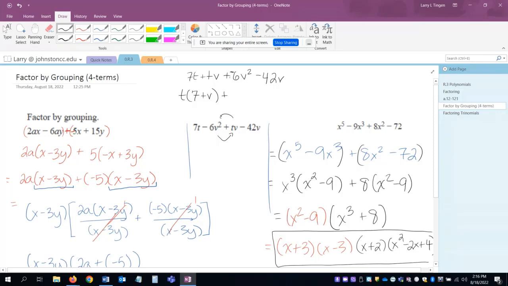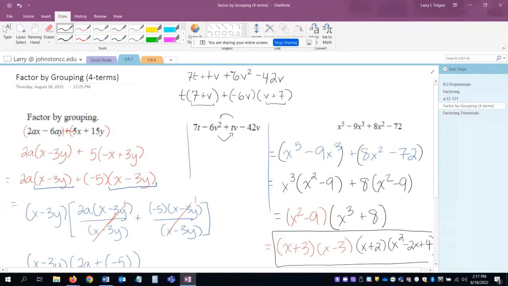Plus. So here, I have negative 6v squared minus 42v. These are both negative, so I'm going to factor out a negative 6v. And if I did it right, what should be left? Negative 6v leaves me a v here. Negative 6v out of that leaves me a 7.